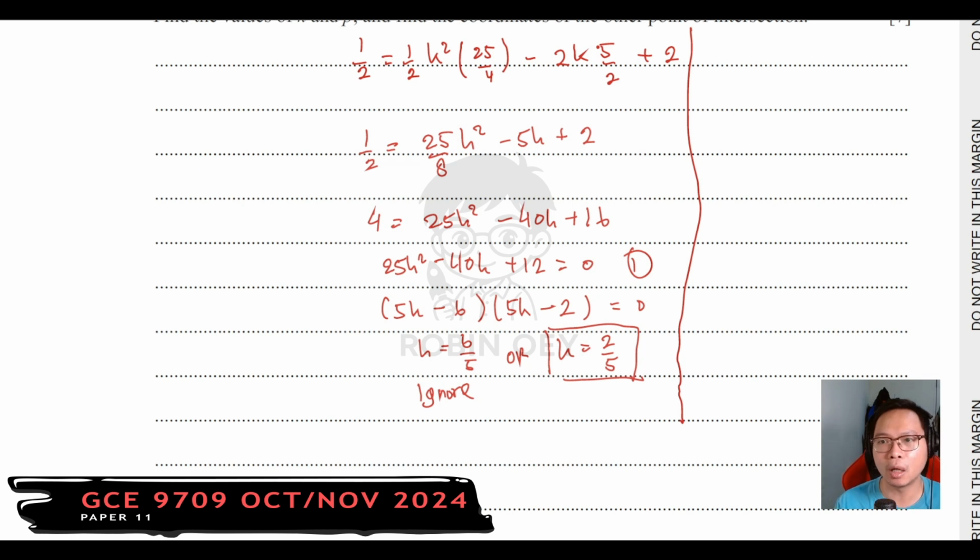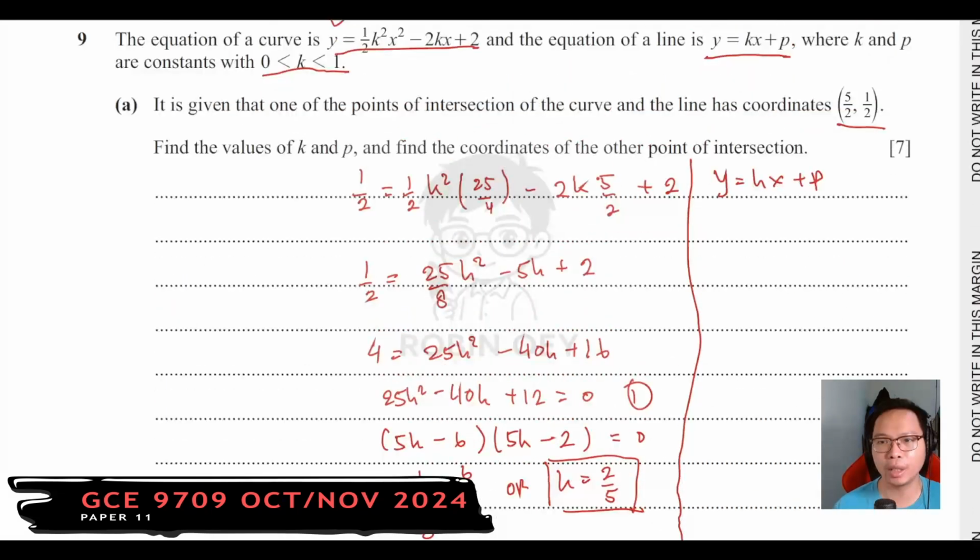So we have y equals to kx plus p. Here we use the same coordinate, which is half equals to k is 2 over 5 times the x is 5 over 2 plus p. Here we get the p equals to half minus 1, that is negative half. So we get the k and we get the p.